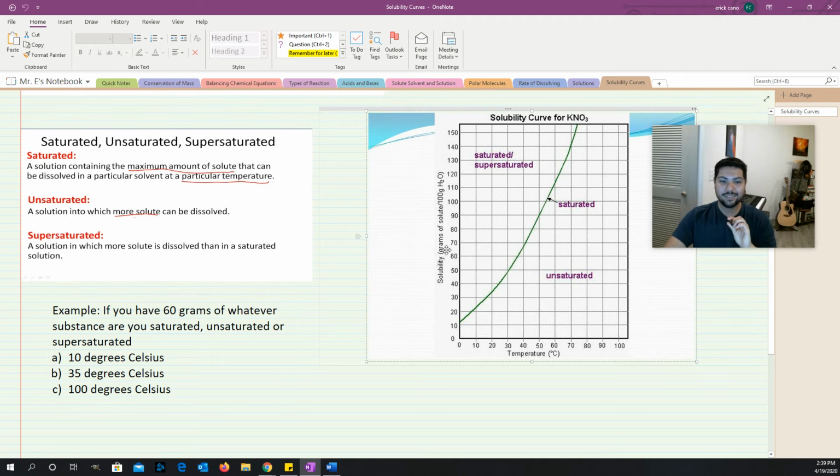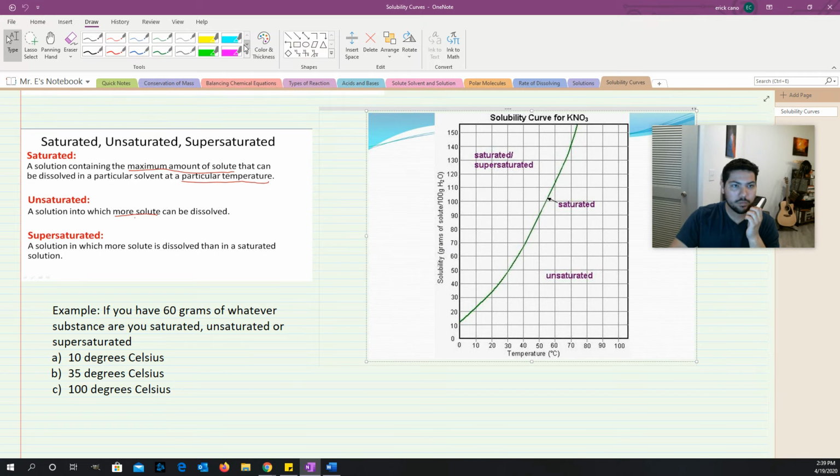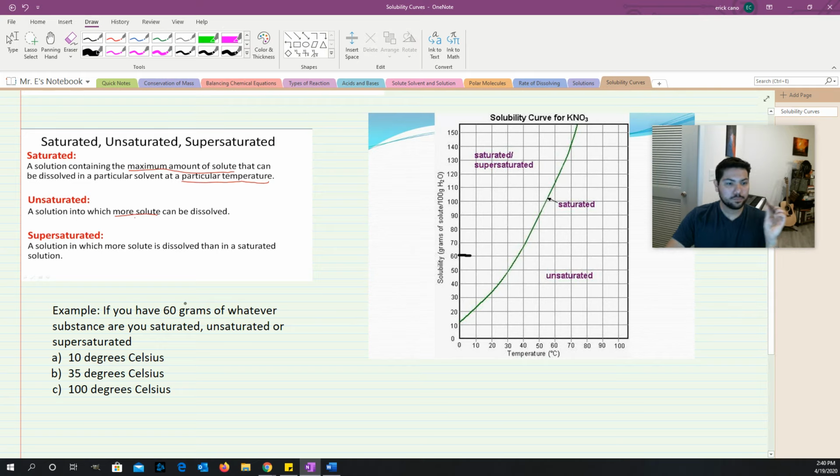So we're adding 60 grams. So I'm just going to mark that really quick. Let me get my pen tool. Mark that right here, 60. Okay. And then, are you saturated, unsaturated, or supersaturated? So one thing to do is you have to break down this curve. And it's actually really easy.